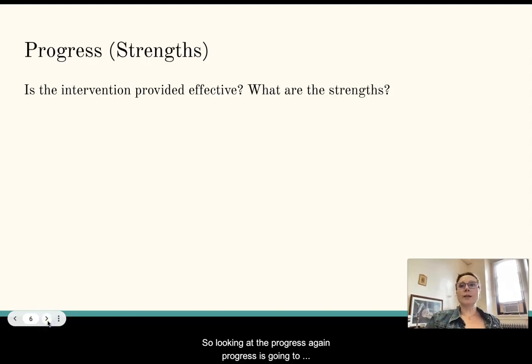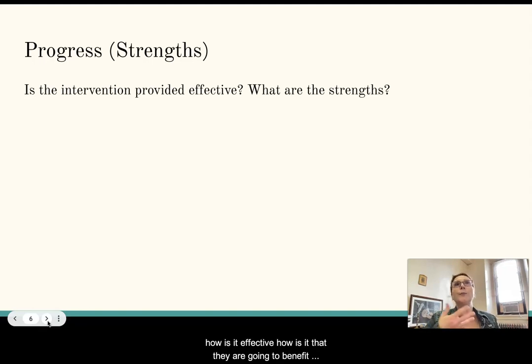Looking at the progress, again, progress is going to look a little bit different from your intervention assessment, but again, this is the strengths of the client. This is why they're going to benefit from your services. This is why they need you. How you're doing what you're doing, how is it effective?